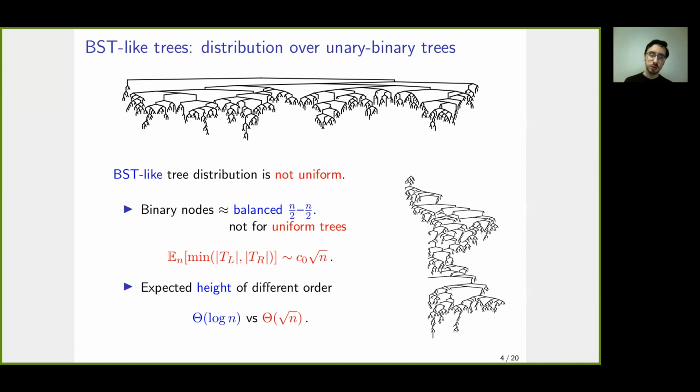But in the case of the uniform trees, that's not the case. There's a child that concentrates most of the nodes, and the other one which has just roughly square root of n nodes. This explains the difference in height and width for the uniform and the BST-like trees.